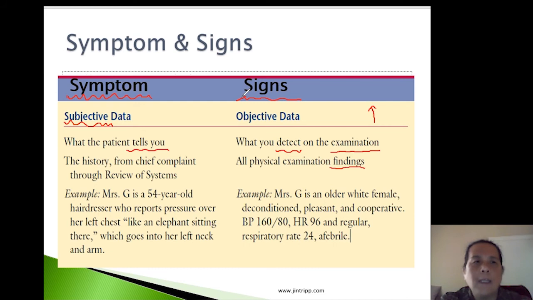We can find it, we can see it. That part we call signs, or objective information. So we are not confusing these two words.